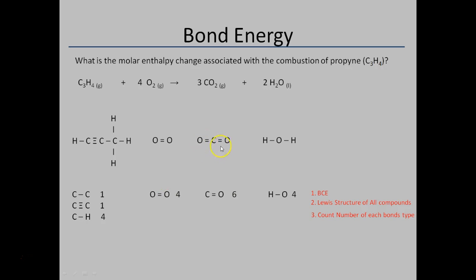Likewise, each carbon dioxide has 2 carbon-to-oxygen double bonds, but because I have 3 carbon dioxide produced, I have 6 of those in total. And finally, we end up having 4 hydrogen-to-oxygen bonds.